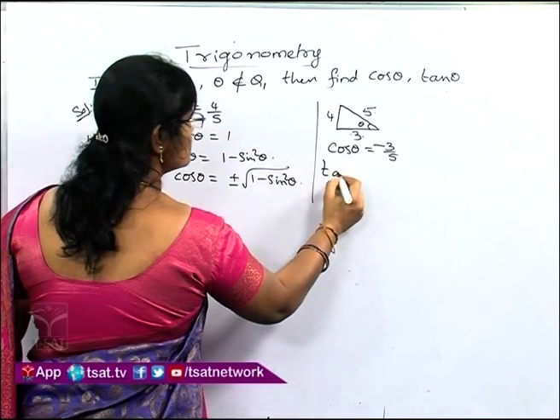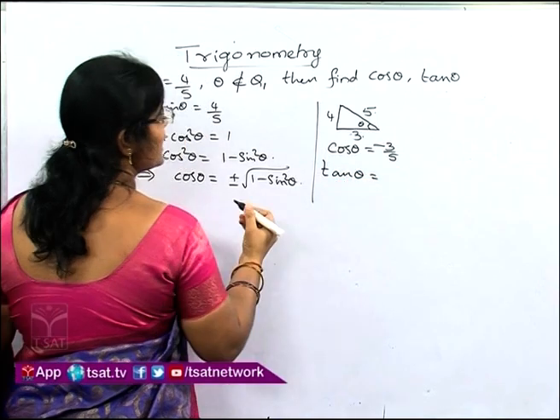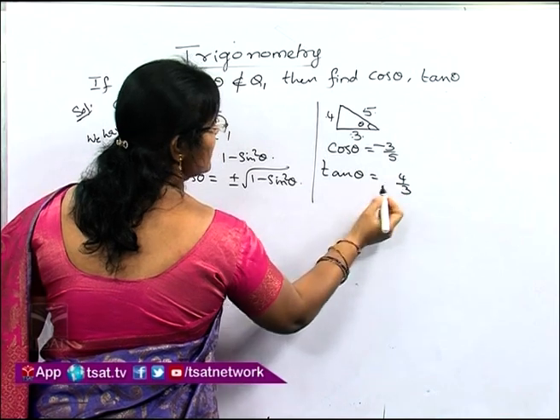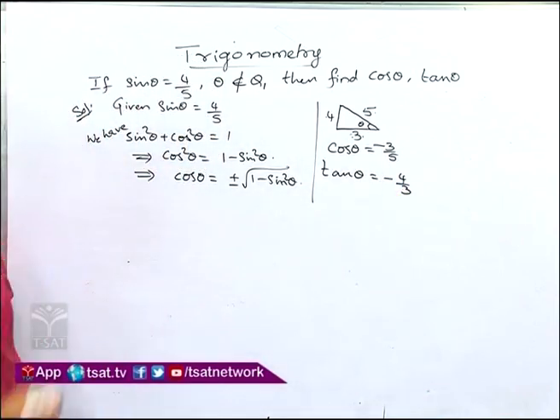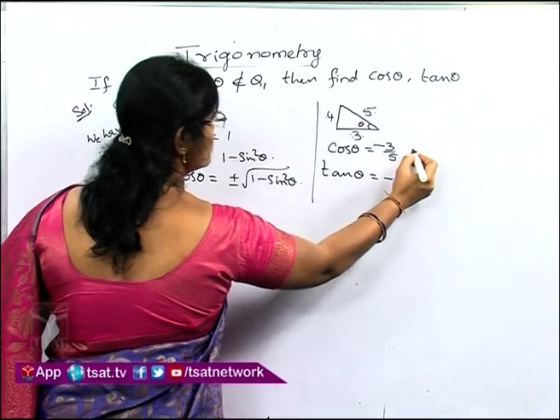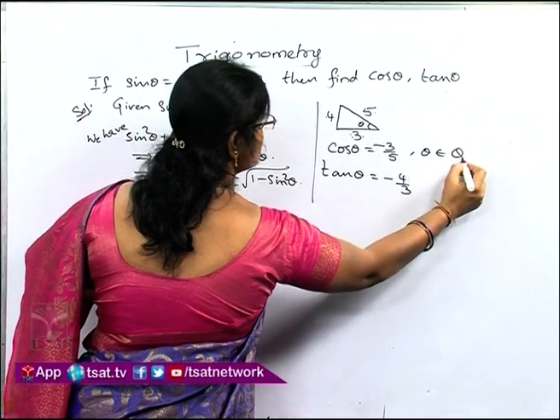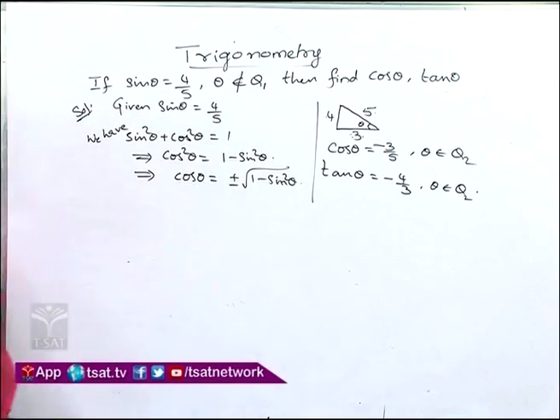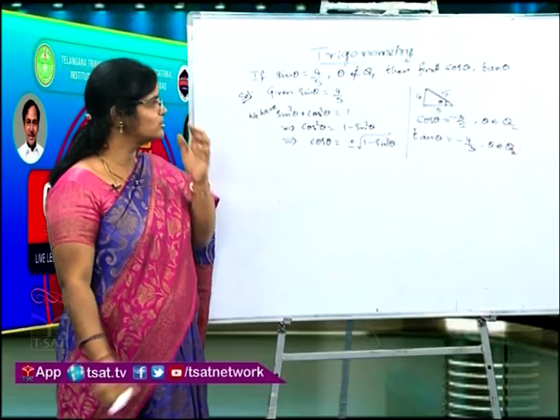Similarly, tan theta also we can write. Tan theta is nothing but opposite by adjacent, that is 4 by 3, and in the second quadrant tan is also negative, since theta belongs to Q2. Okay children. So in this way we will find it.